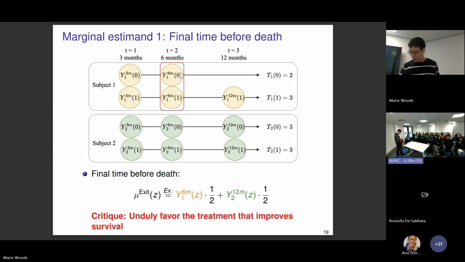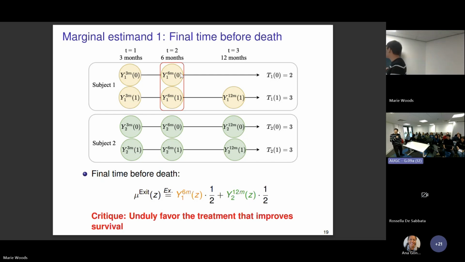Okay, but of course this is not ideal, because first of all, it's not using the full outcome trajectory over the time course. It's only using the last time point. And also, in some sense, this estimate will unduly favor the treatment that improves survival.